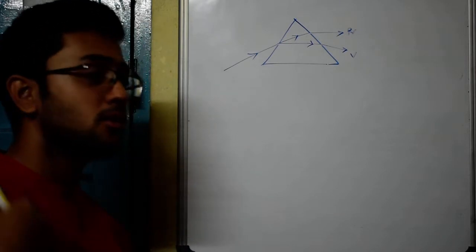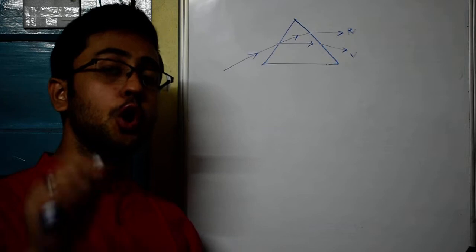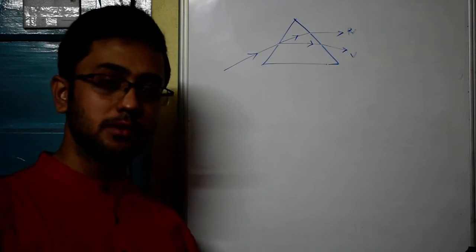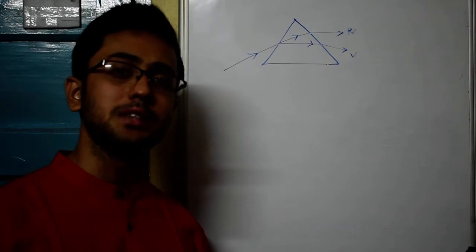The reason is that when white light is traveling in air, remember, in air or in vacuum, all the wavelengths of light have the same speed, and that is 3 times 10 to the power 8 meters per second.